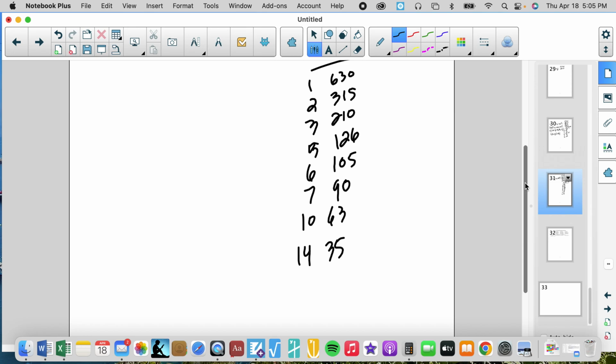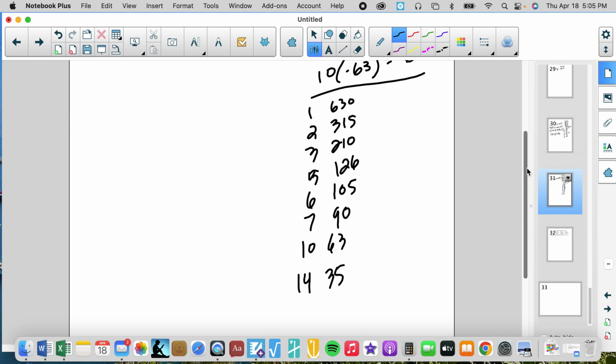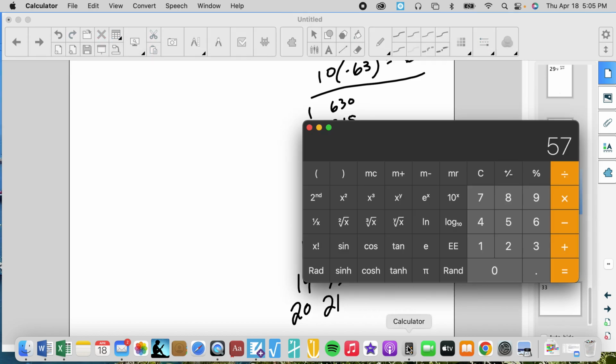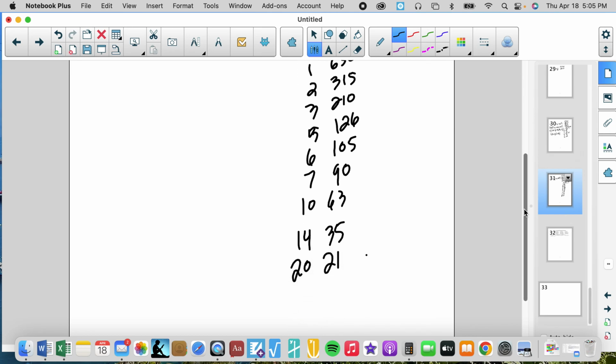Here's another way. Let me show you another way. You can do prime factorizations. 21... 20 and 21. Does that really give you 20 times 21? No, that's going to give you 420, not 630.